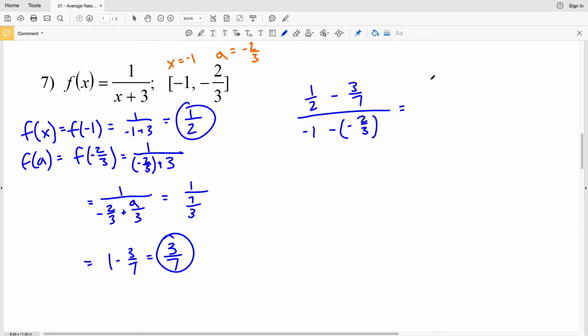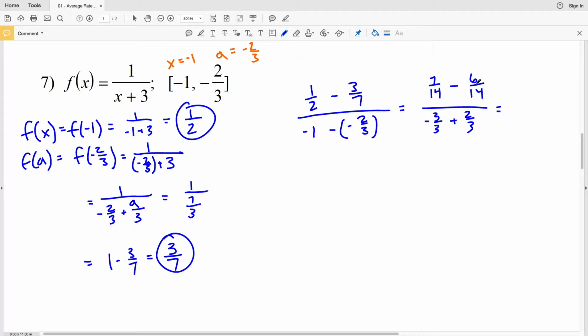So 1/2 is equivalent to 7/14, and we'll subtract 3/7, which is equivalent to 6/14. And for our denominator, negative 1 minus a negative 2/3, writing negative 1 with a denominator of 3, we'll have negative 3/3, and as opposed to subtracting negative 2/3, we'll add 2/3.